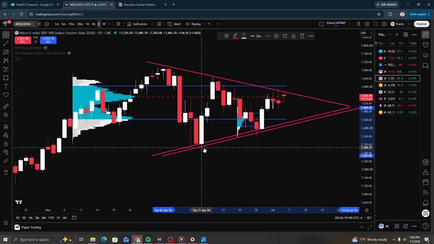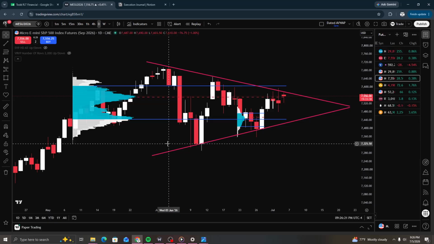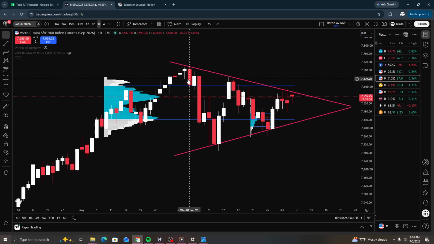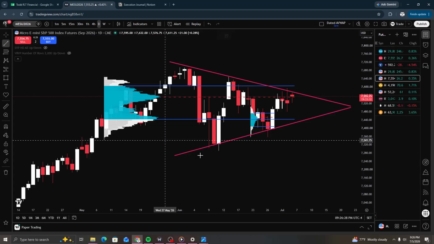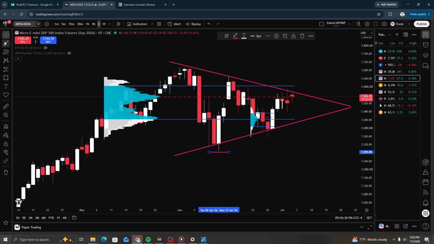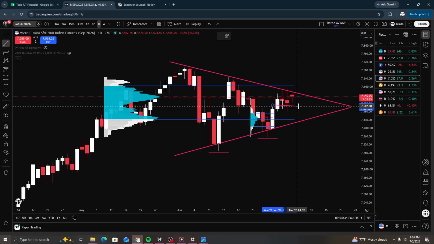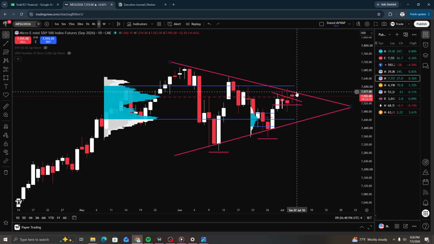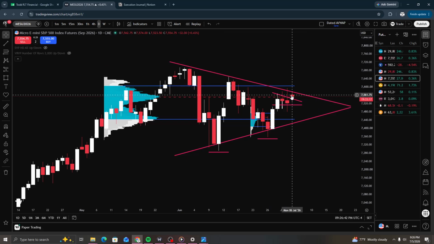If this had pushed down a little lower, I would like that, but this higher low right here into the accumulation that we're getting. See, like technically this should send us higher here.